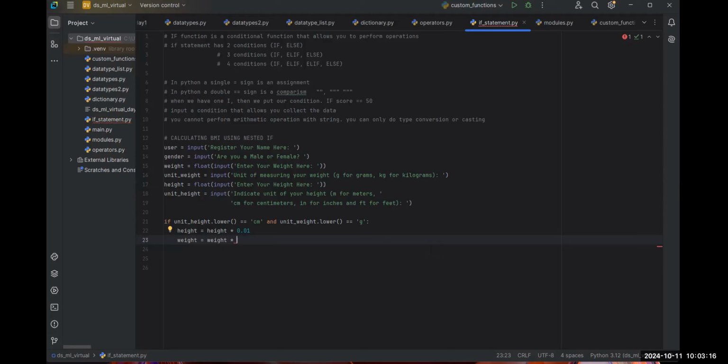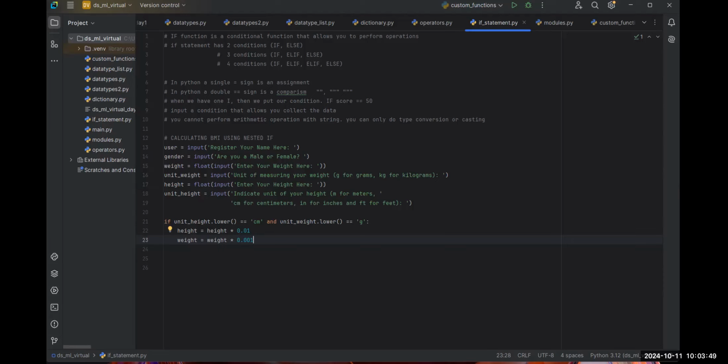So that means our weight will now be multiplied by 0.001 kg. Okay? So if a user inputs their weight in gram, 50,000 grams multiplied by 0.001 will give you 50 kg.